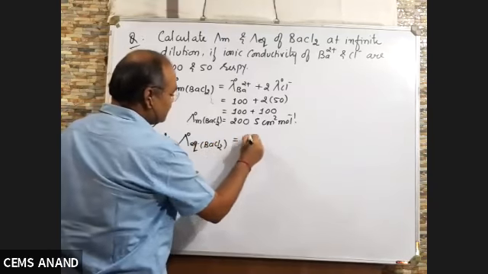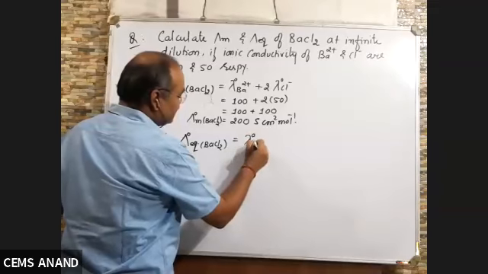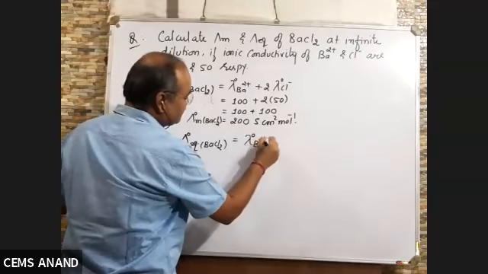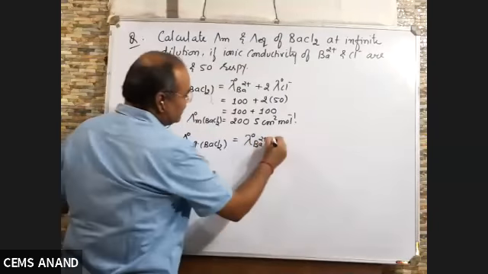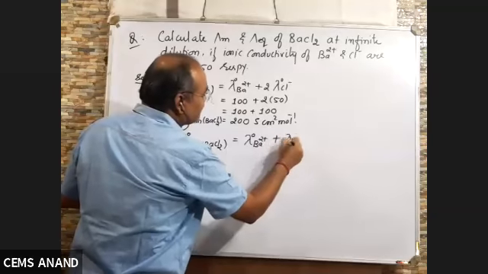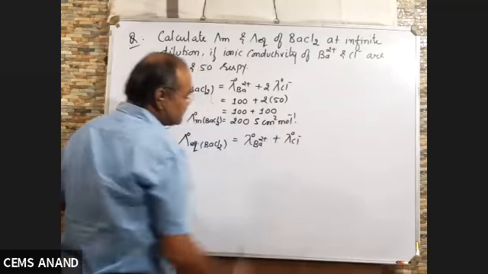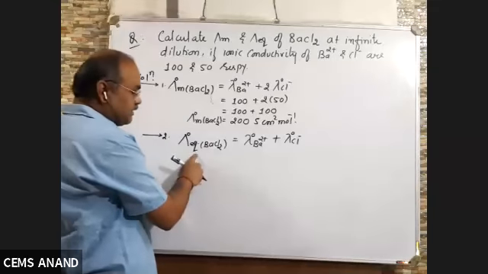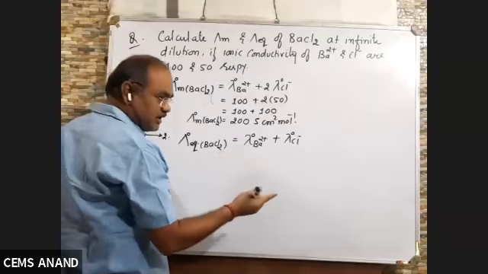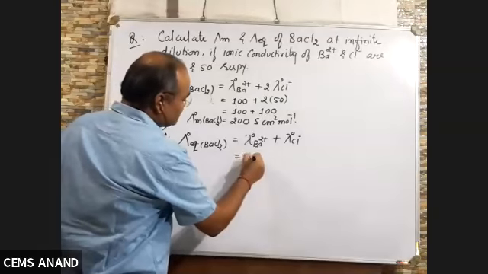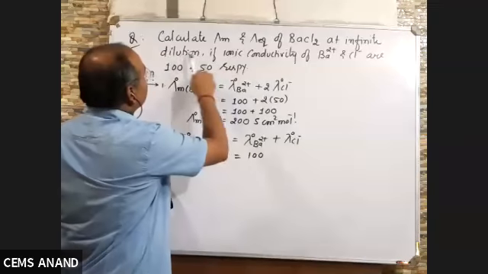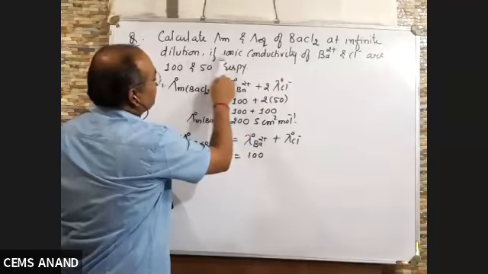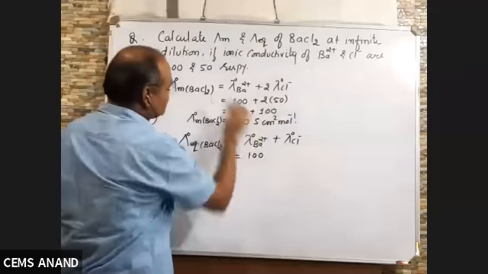This will be equal to ionic conductivity of Ba2+ plus ionic conductivity of Cl-. But here important point is this is equivalent. At infinite dilution ionic conductivity of Ba2+ is 100.